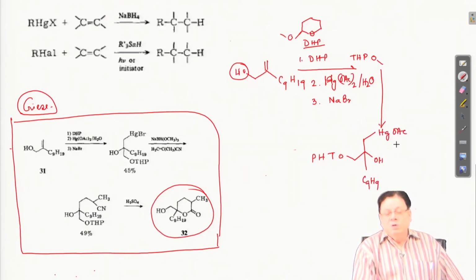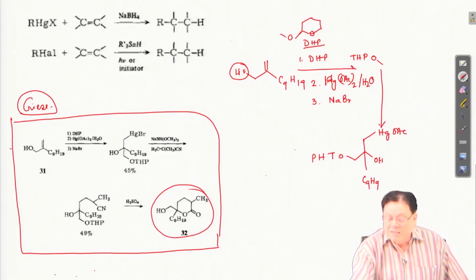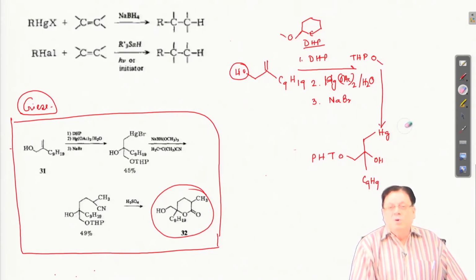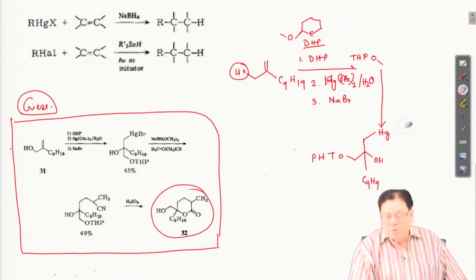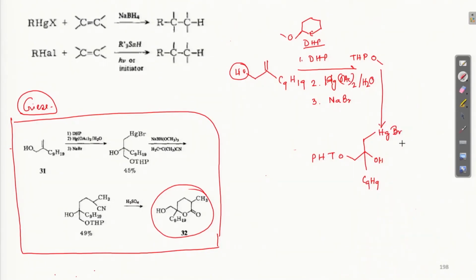When you add sodium bromide, that is basically displacement of this acetate. Initially the acetate is formed, but then you are replacing this acetate with the bromide, with the possibility that the bromide reacts better than the acetate when you do the radical formation.